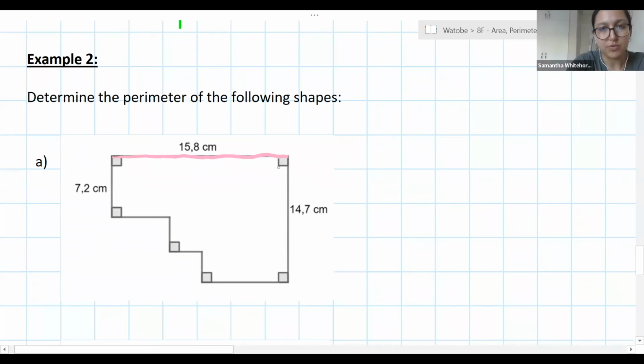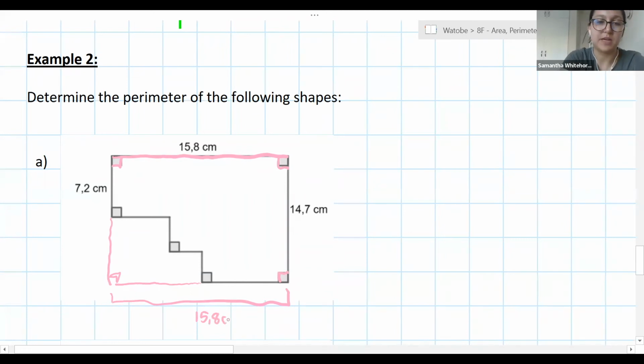Now, because of these right angles given to us, I know that if this bottom length extended to then meet up with a side that extended to meet down there, I'd be working with a rectangle. And so this whole bottom length technically is exactly the same at 15,8.